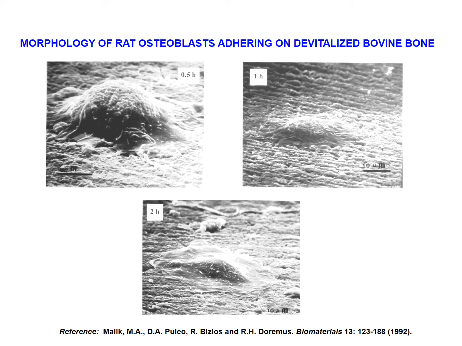The important thing to notice here is that if a cell is interacting with a protein which is pre-adsorbed on the surface of a substrate, the cell is going to become very flat and spread out on that particular substrate. This particular process takes place within an hour and a half, maximum 2 hours in the laboratory.